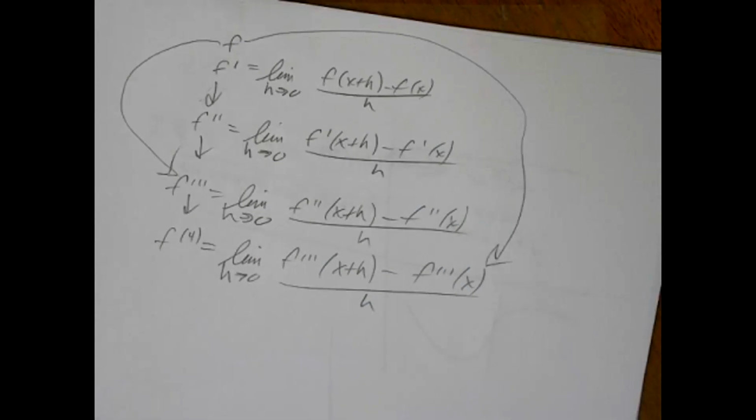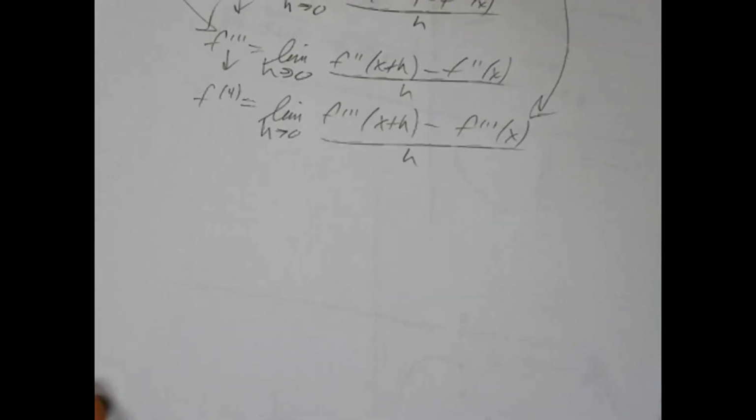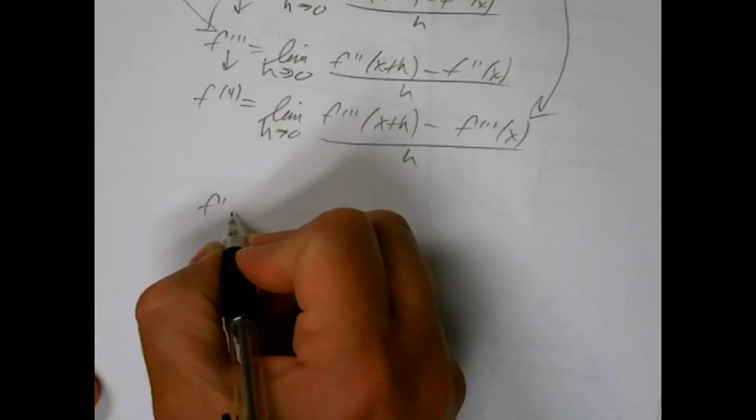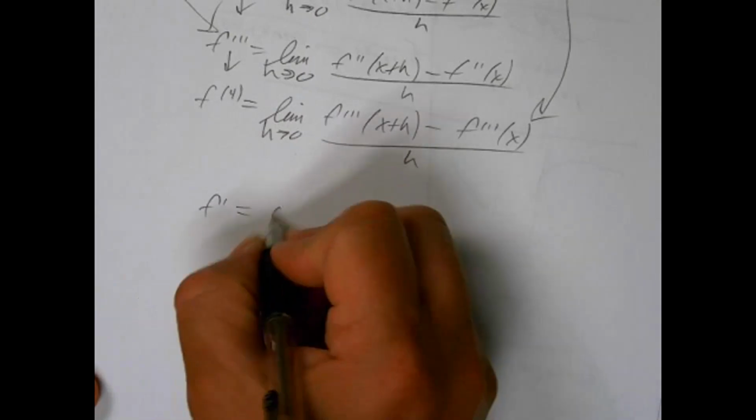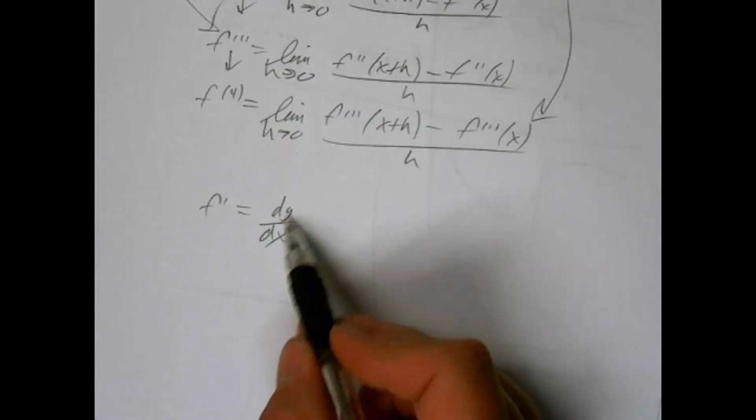All right, this is one notation for it. There are others. If you look at f prime, that can be denoted by dy dx. That is one form of a notation for the derivative. This says derivative of y with respect to x.